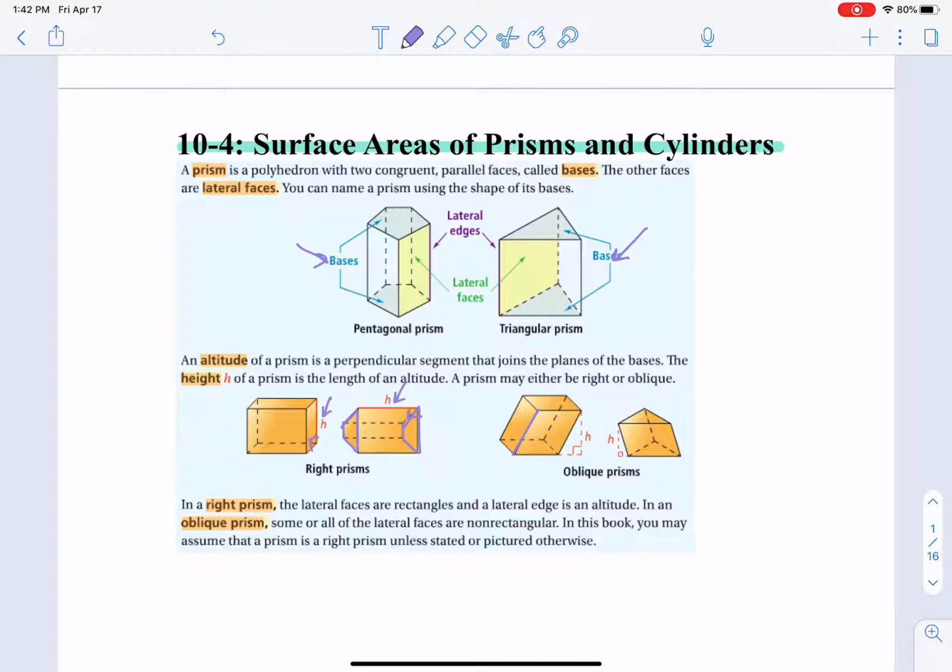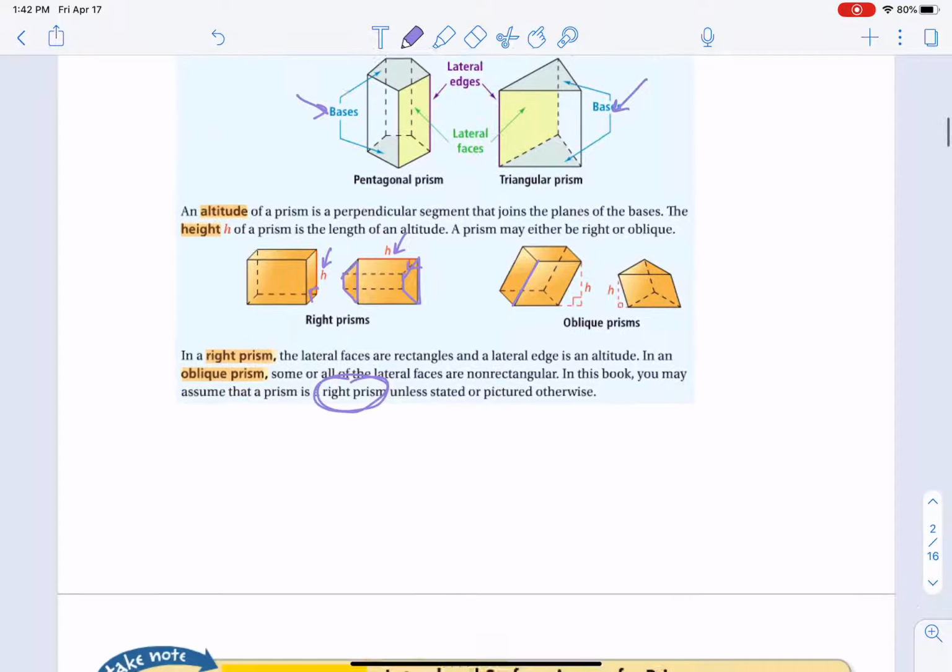In a right prism, the lateral faces are rectangles, and a lateral edge is an altitude. In an oblique prism, some or all of the lateral faces are not rectangular. We are just going to do right prisms for now. If they don't put the right angle in, you can assume it's a right prism for this book.